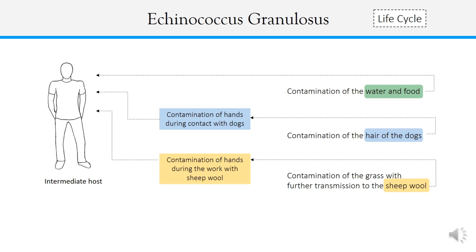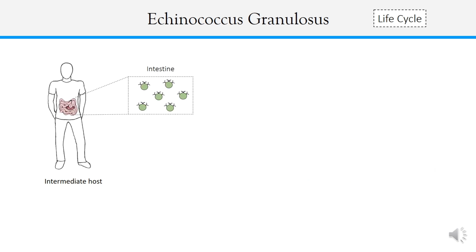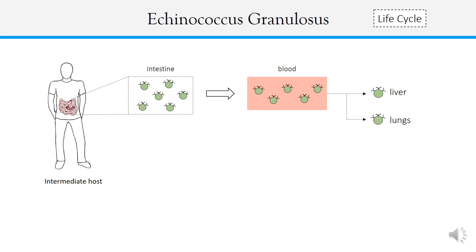So a human will be infected not with the fin but with an oncosphere, and if a human is infected with an oncosphere, the human will become an intermediate host. Inside of the intestine, oncospheres will be transferred from the intestine into the blood, and then through the blood circulation, oncospheres may arrive in the liver, lungs, heart, and other internal organs.